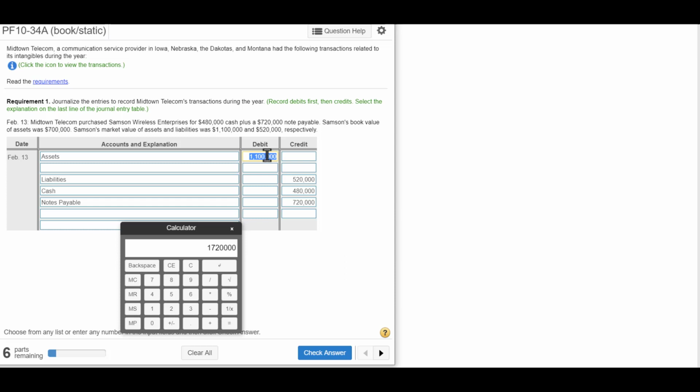So we have to make this transaction balance. We're going to take the difference, $1,720,000 minus $1,100,000, and we have to put that on the smaller side to get it to work.